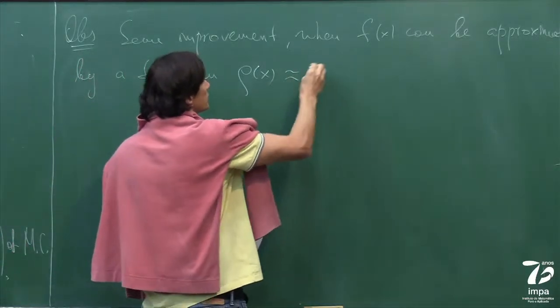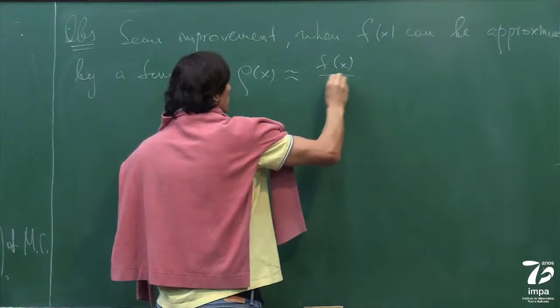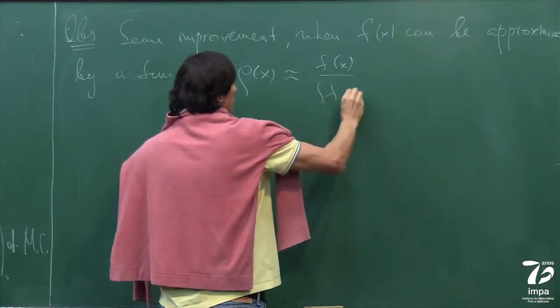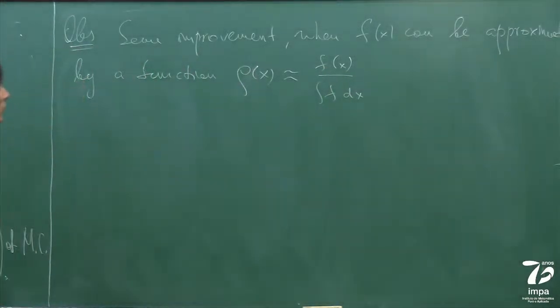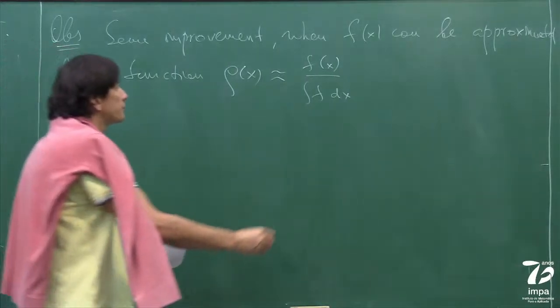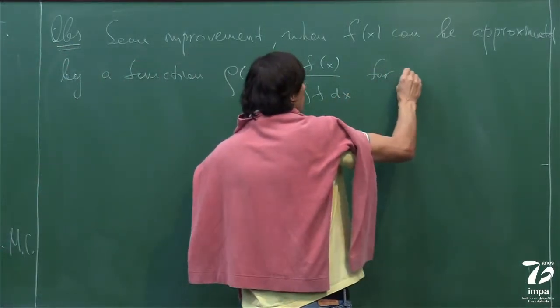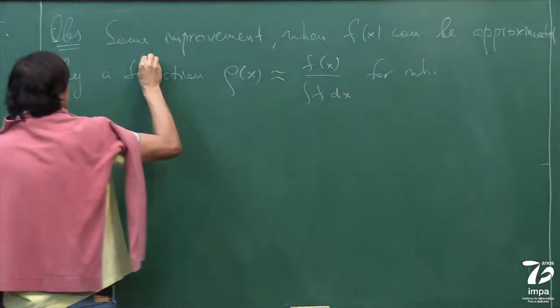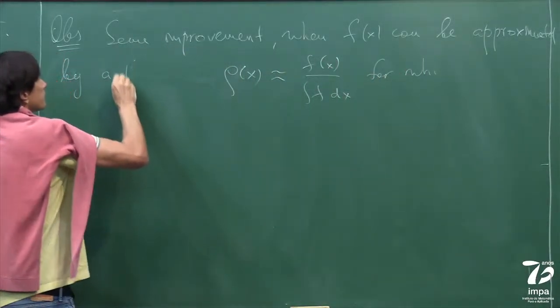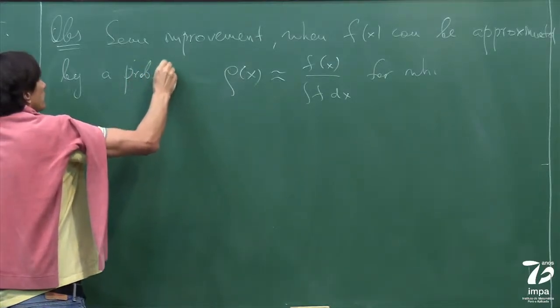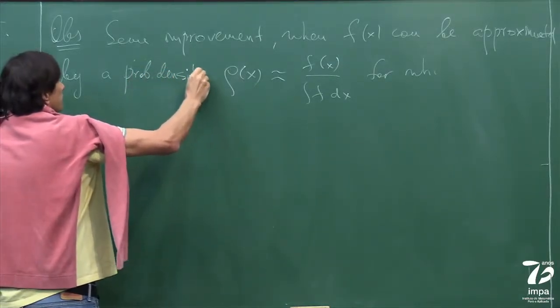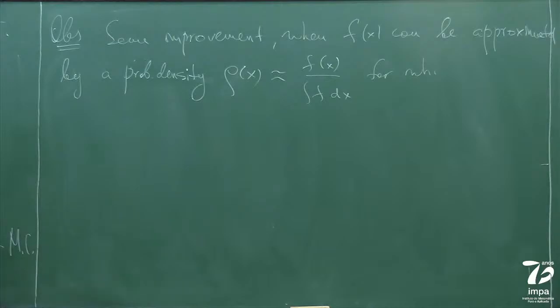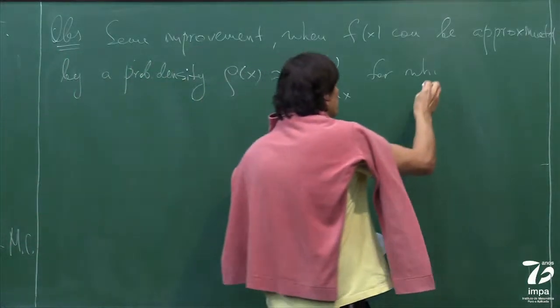Well, this is a density, so it should be f of x divided by the integral of f dx, so that the mean is 1, for which rho is a probability density function, for which we can generate random numbers.